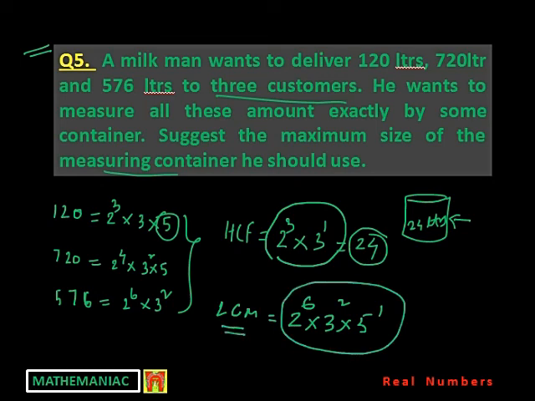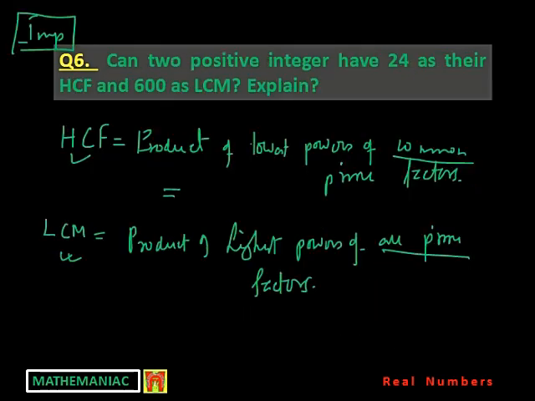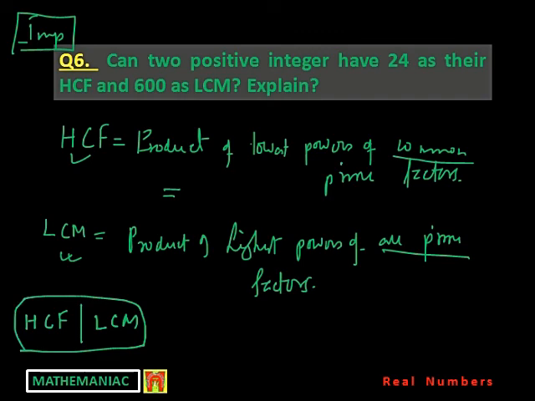Meaning is that LCM will be a multiple of HCF as well. That is, HCF always divides LCM of numbers. That's the conclusion I should arrive at. That is, HCF always divides LCM, no matter how many numbers you have taken, what numbers you have taken.